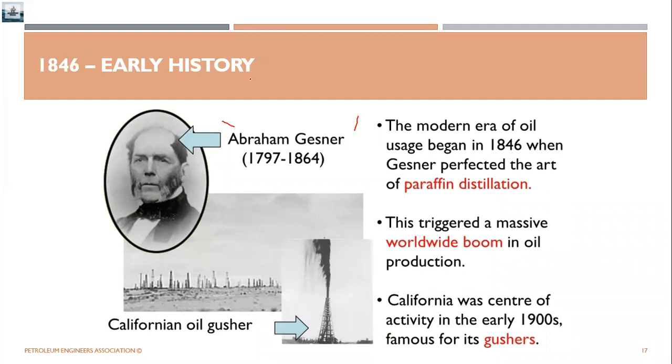Why? Because he formulated the process of distillation. Distillation we know, right? It's a separation process, wherein you have liquids mixed up in the same stock, but based upon volatility, based upon the boiling point differences, we are able to separate them.